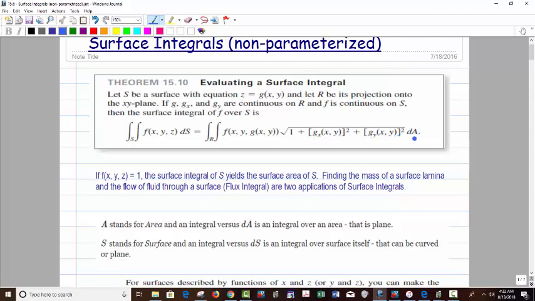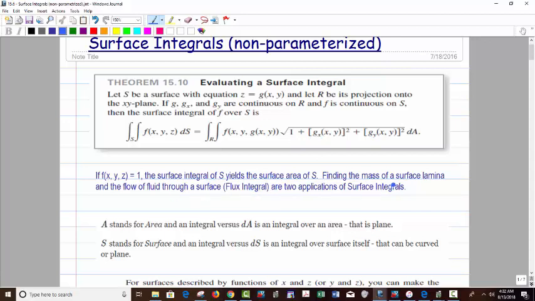In other words, dy dx, dx dy, or polar, r dr d theta. I'm mentioning right here, if f of x, y, z equaled 1, this would just be the formula for the surface area that we learned in the multiple integration section, except that we're using f there and not g.